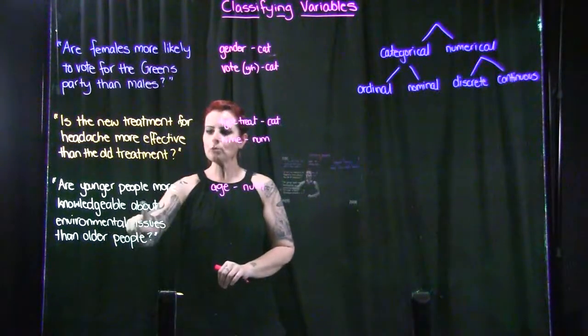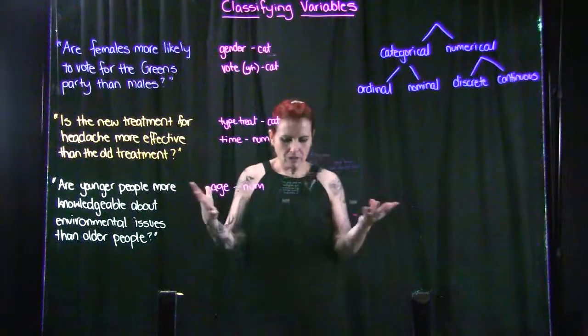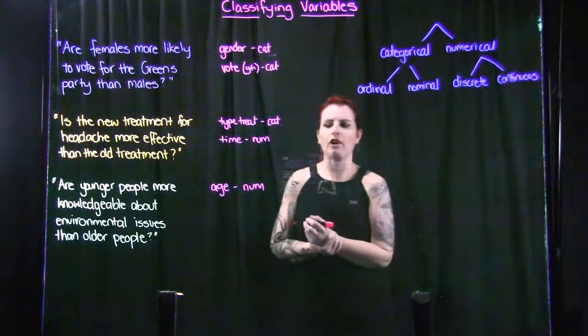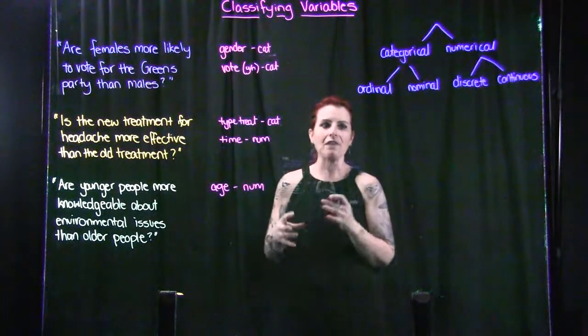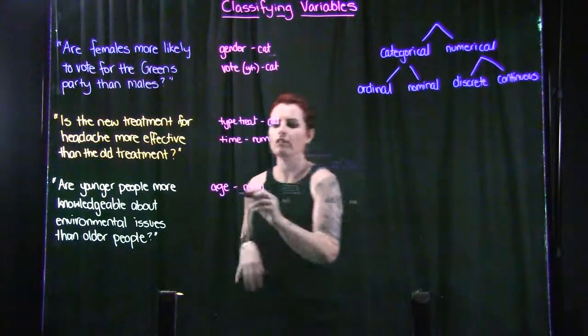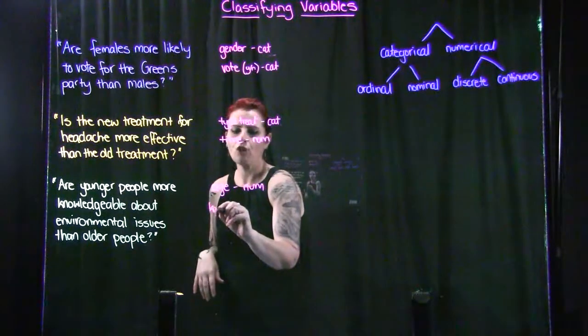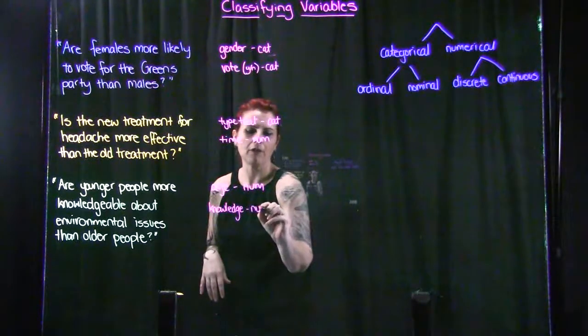And knowledgeable about environmental issues. Now, how would you sort of rate knowledge about environmental issues? Well, you would probably give them a quiz or a survey, something like that, and they would get some sort of score that rated their level of knowledge. So that their knowledge as a score would be numerical.